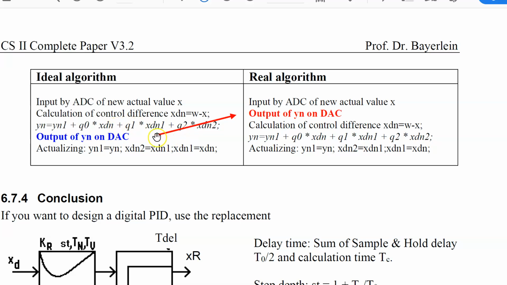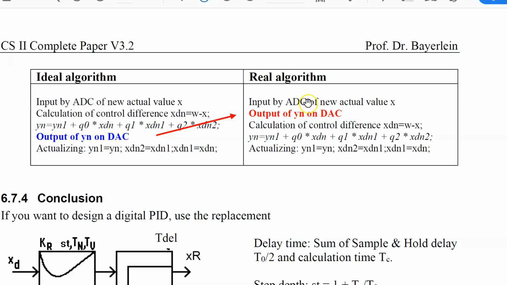And if I shift the position of the source code line output to the beginning, before I calculate it, then this contains the value of the last calculation. So this is 1 complete sampling time ago. Now I have an artificial longer delay, independent of the hardware, of just 1 sampling time.